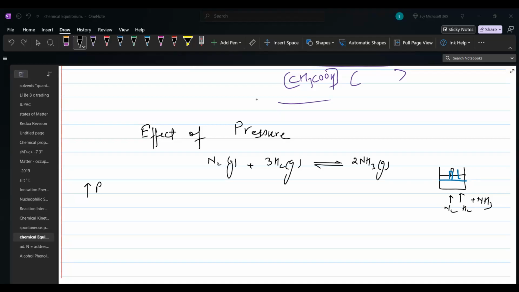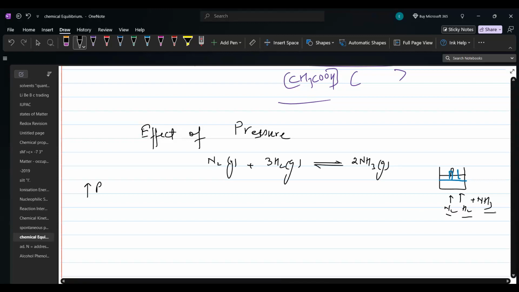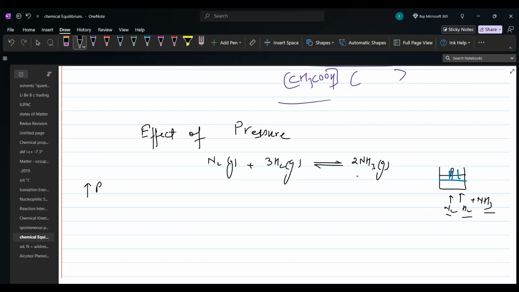Ali, what do you think? Everyone, you can message in the chat. Okay, I'm repeating the question. The system has nitrogen, hydrogen, and ammonia, and it is in equilibrium. Equilibrium has already been achieved. Now we are increasing the pressure, pushing the piston in the downward direction.